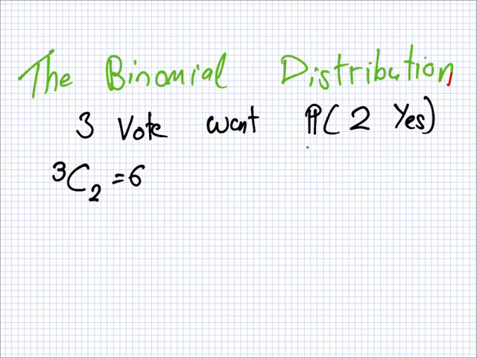So you could have one person vote yes. So you could have yes, no, no. Or you could have no, yes, yes. I'm tired. Yes, yes, no. This is what's confusing me as well. 3C2 is not 6. What is it? 3. Now everything makes more sense.